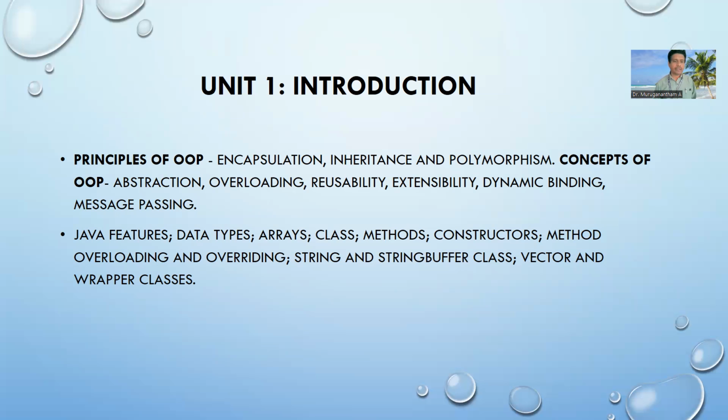And then followed by the concepts of object-oriented programming, where we'll be discussing abstraction and method overloading, method overriding, and then extendability, as well as reusability. Reusability is basically using the inheritance concept, we can go for reusability. And then dynamic binding, that is basically nothing but polymorphism. So these are the basic concepts of object-oriented programming.